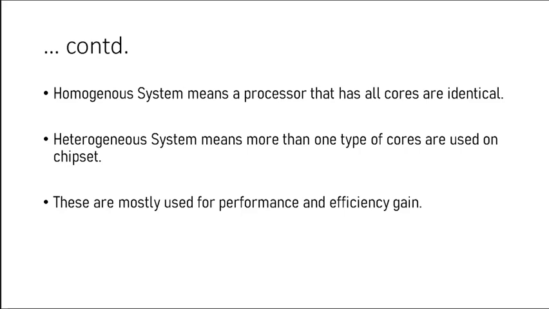I believe most computer systems nowadays are heterogeneous, but again, this is just an opinion and it could vary from system to system. Feel free to check out these terminologies. For example, in terms of CUDA computing, it is always a heterogeneous system. It really matters which system we are using. Most of the time these tweaks are done for performance and efficiency gains. There is no significance as such.